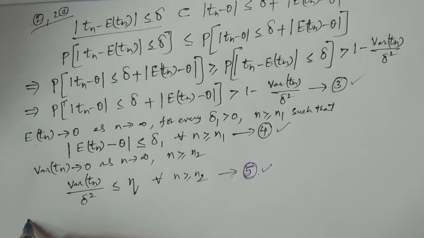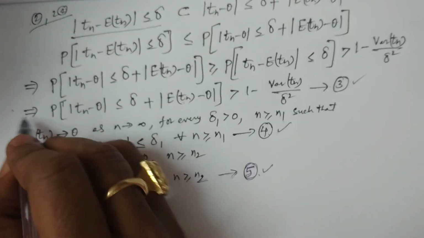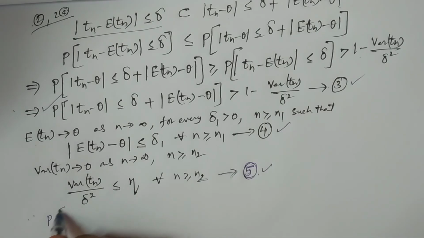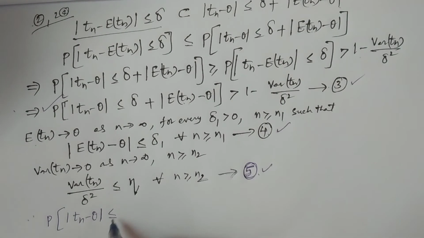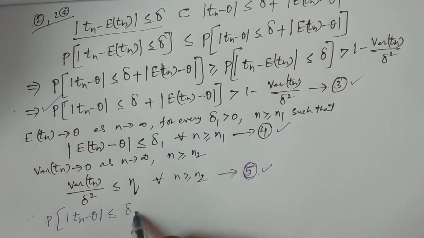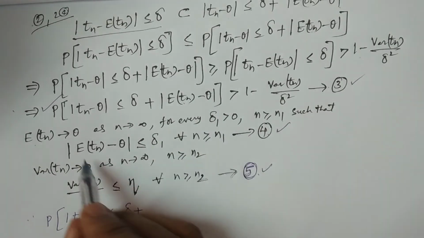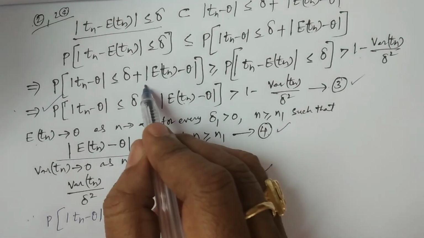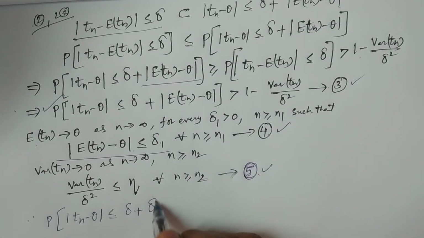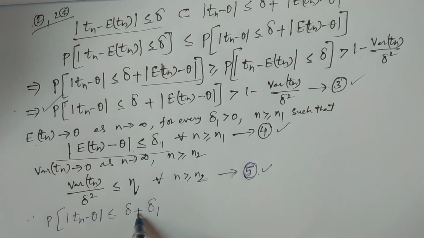Finally, what you can conclude, from equation 3, is the probability of the modulus of Tn minus theta being less than or equal to delta, which you keep as it is. Referring to equation 4, the modulus of the expectation of Tn minus theta is less than or equal to delta 1. So it is less than or equal to delta plus delta 1.